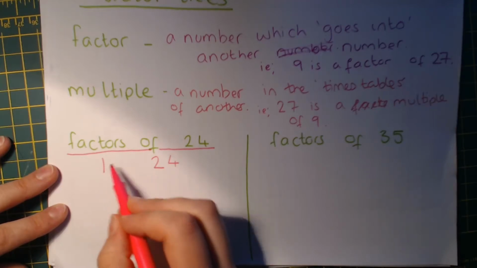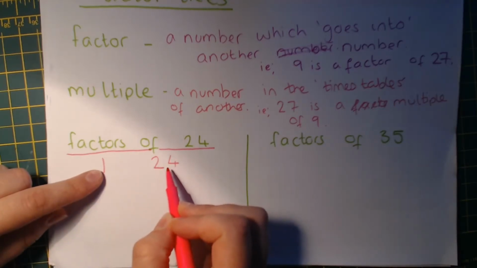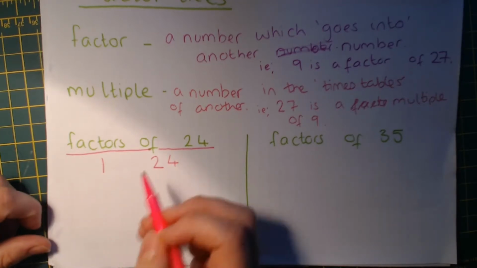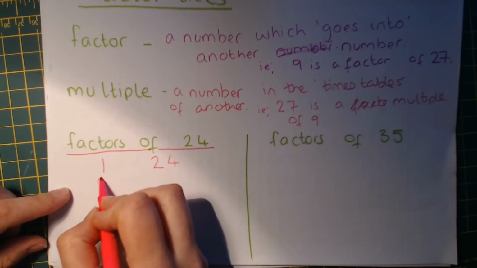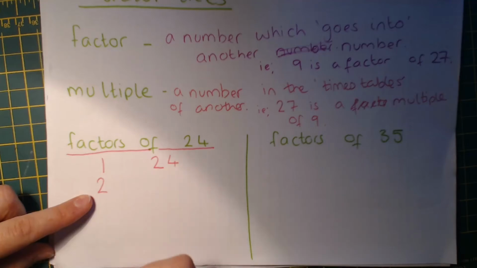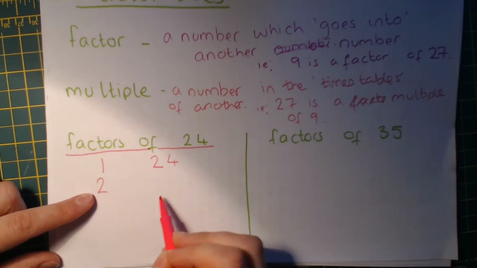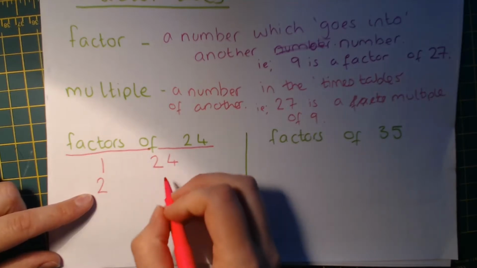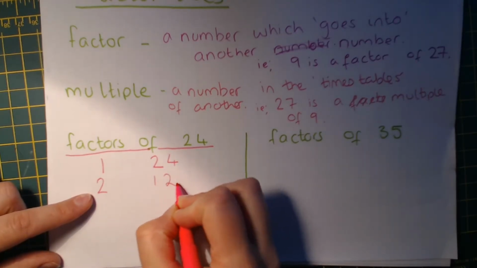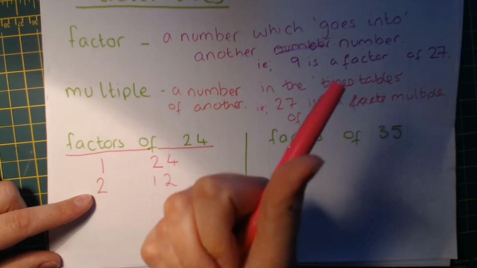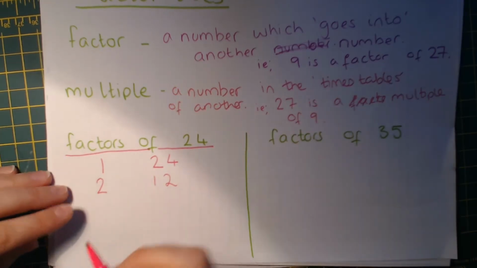Okay. So people often miss those ones. 1 and itself, but they're always factors. The next number we're going to look at is 2. 2 goes into 24, doesn't it? It's an even number. And what would we multiply 2 by to get 24? We'd multiply it by 12. So 12 is a factor of 24.